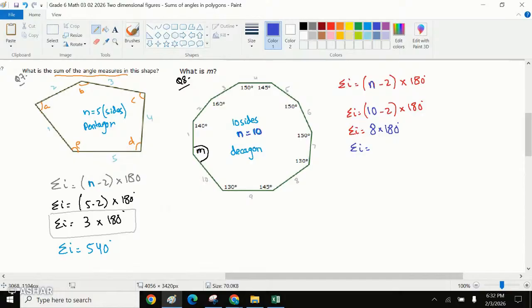N was 10. We simply substitute the value of n over here. We write 10 in place of n. That means 10 minus 2 was 8. 8 into 180 is 1440. I know it's a typing error. It's okay.